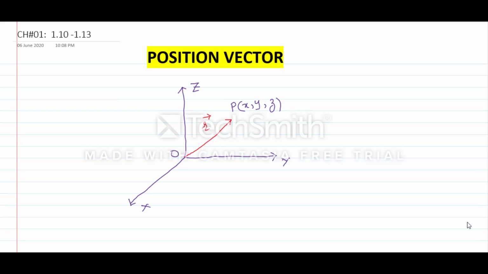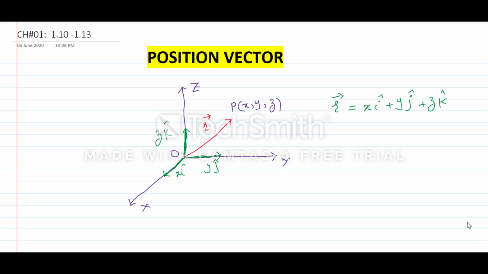In this case, component vectors of vector R will be equal to x, y, z, which are coordinates of point P.